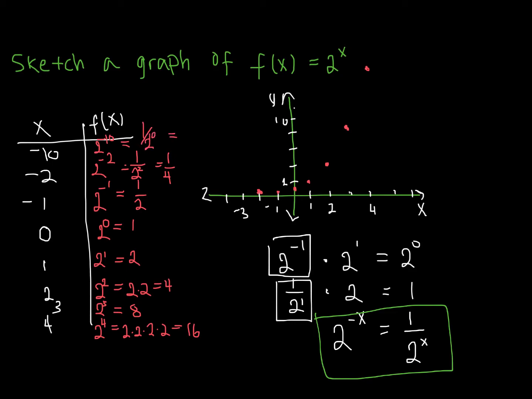And 2 to the 10 is a really big positive number, so this is going to be a really small positive number because it's 1 divided by 2 to the 10th. So even if we went to a really big negative x value, I'd still be positive, so my graph will look something like that. We'll never quite touch 0. Okay?